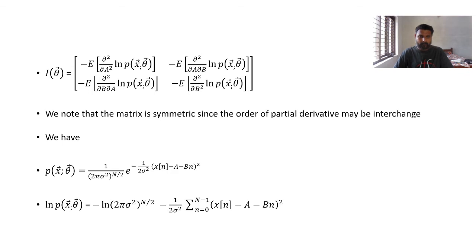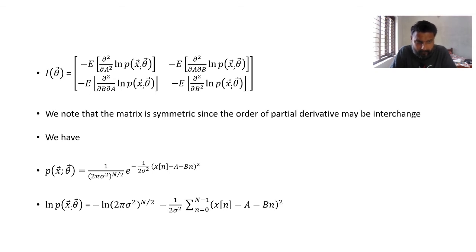So before I had neglected one step, or I had deleted one step here, that is p of x of theta. In general you can write it as product n equal to 0 to n minus 1 of 1 by root of 2 pi sigma square whole raised to n by 2 e raised to minus 1 by 2 sigma square x of n minus a minus b n the whole square.